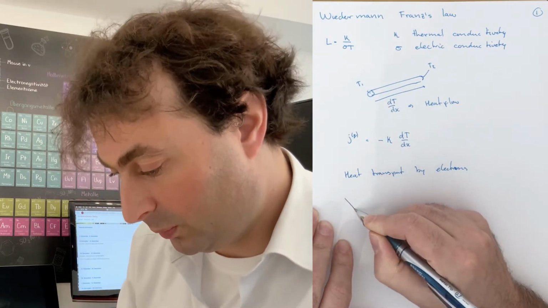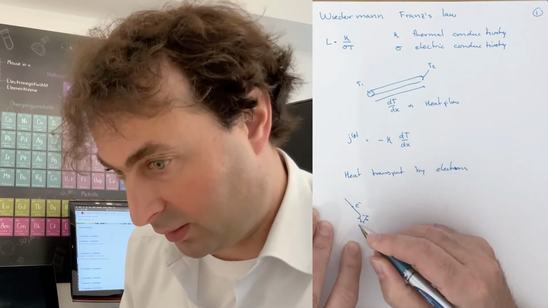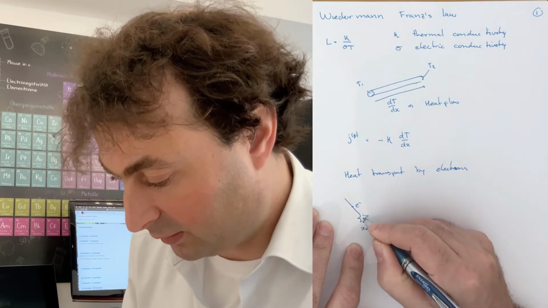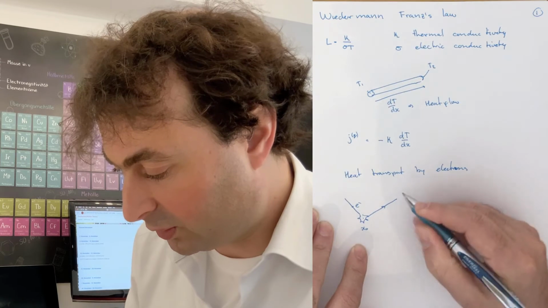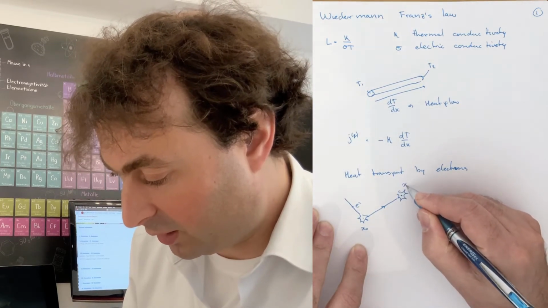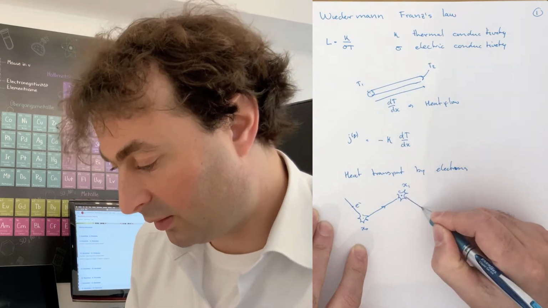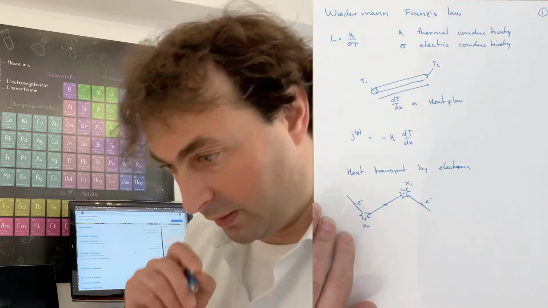And we assume that an electron travels, then at some point in space it will scatter, let's call this position x0, then it will continue to travel, and it scatters now at position x1, and then it travels again out of the sample, or out of the range of interest.